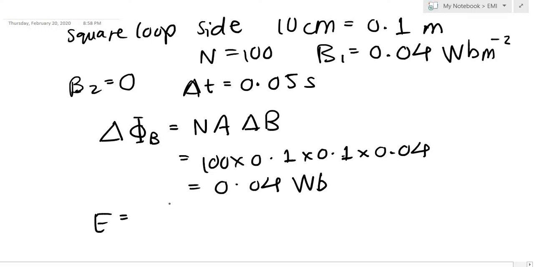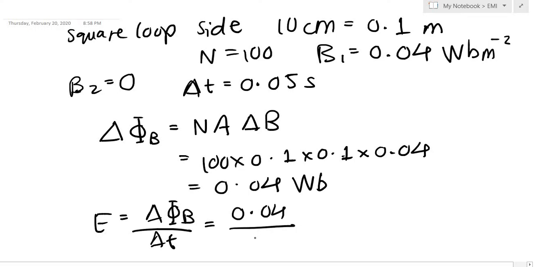You can find the magnitude of the EMF as the rate of change of magnetic flux per unit time. We're finding averages because there's no point in taking derivatives. You've just given us the average time. 0.04 over 0.05 is 0.8 volts.